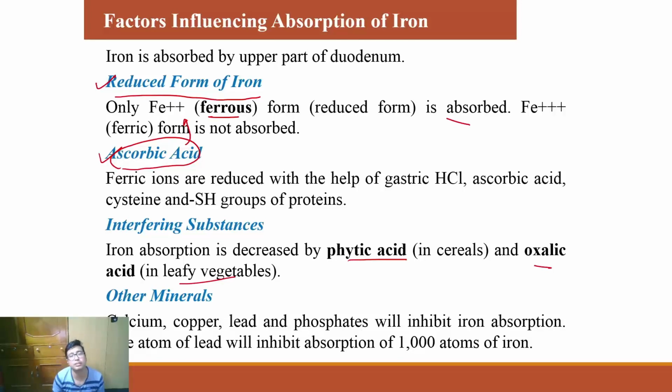Now there are other minerals that will inhibit iron absorption, the most important being lead. You can see it's written that 1 atom of lead will inhibit absorption of 1000 atoms of iron. That is one of the reasons why in lead poisoning there will be iron deficiency anemia. You will read it in forensic medicine.